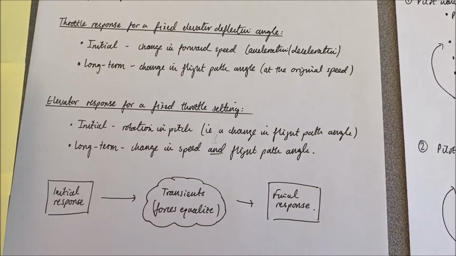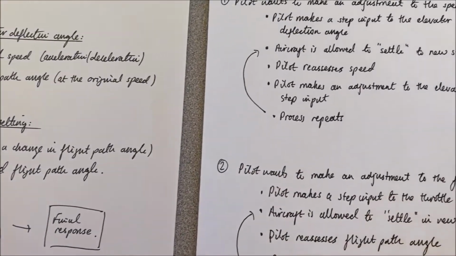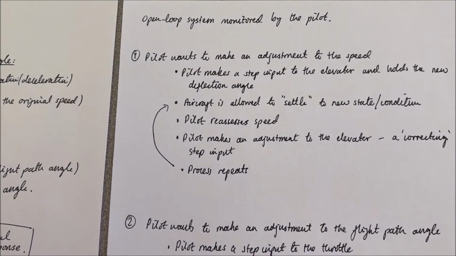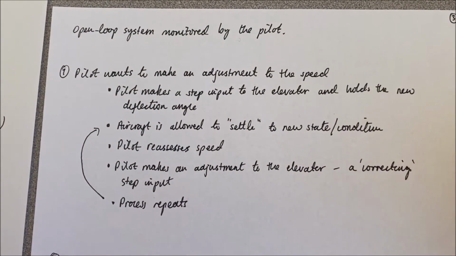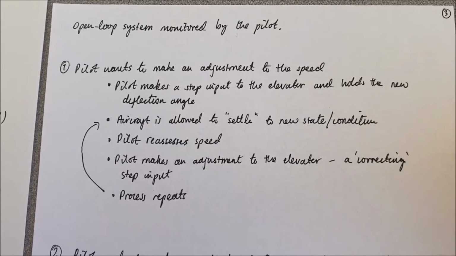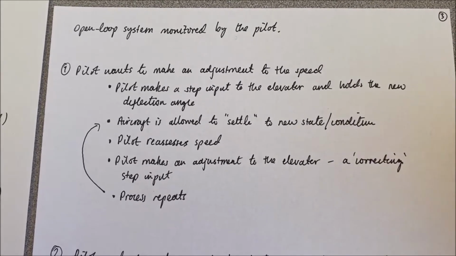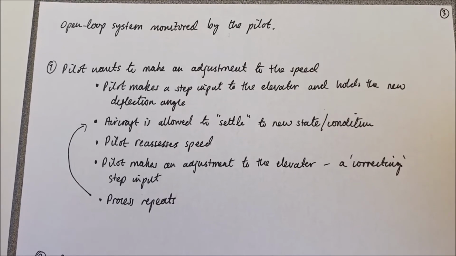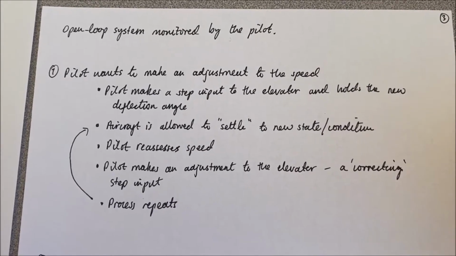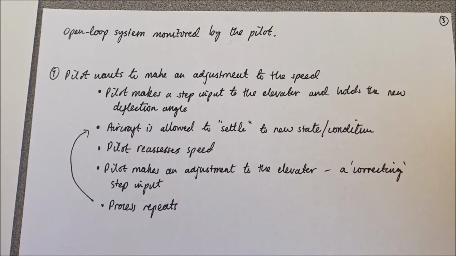So for an open loop system which is monitored continuously by the pilot, let's say our pilot wants to make an adjustment to the airspeed. So the pilot's going to make a step input to the elevator and hold the new elevator deflection angle.